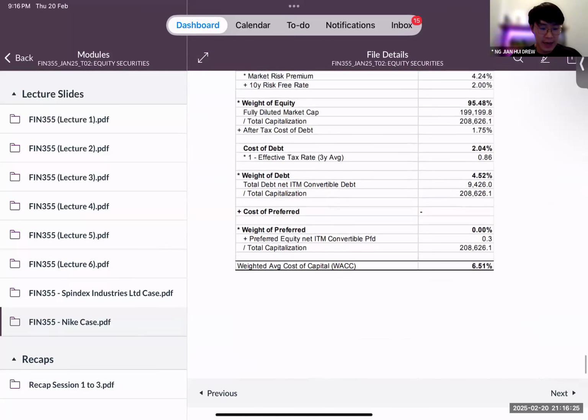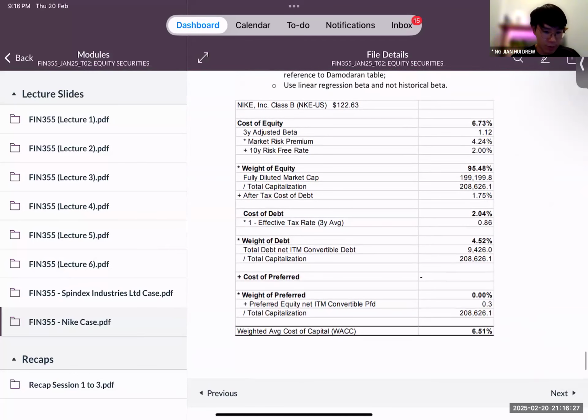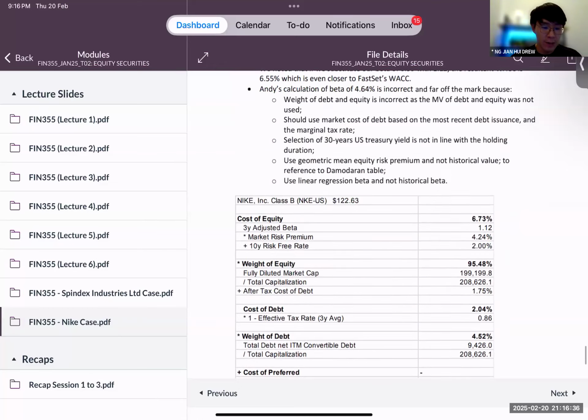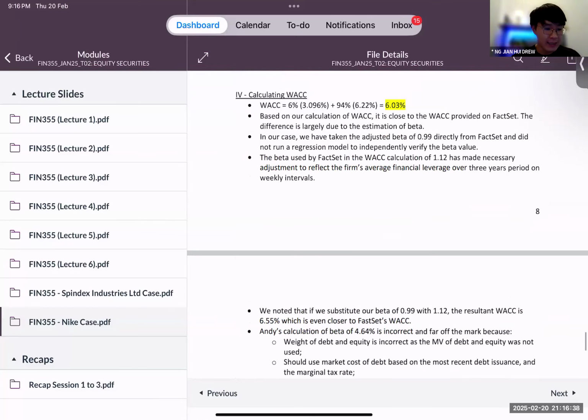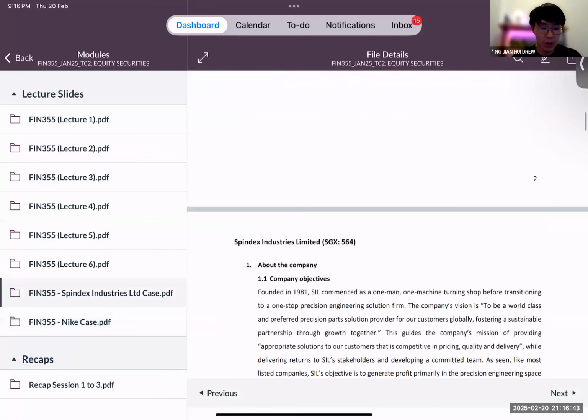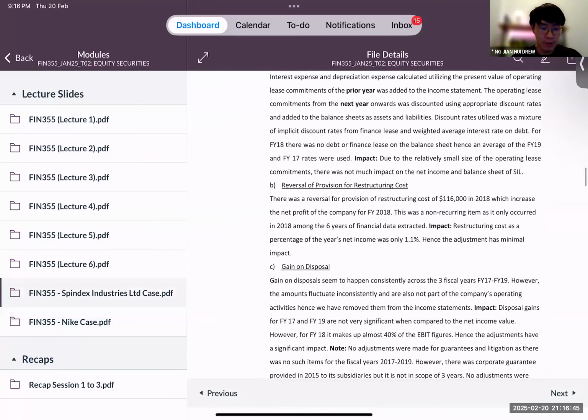Calculating WACC, working out the numbers, dilution: once you look at a real case, there are a lot of things to consider about stock dilution, etc. So please look through the case. These two cases will really help you in your write-up.